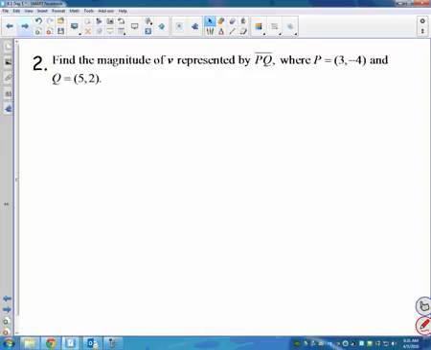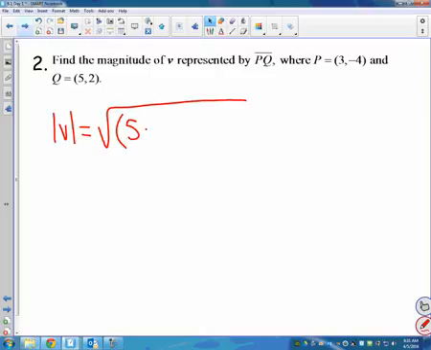So they're calling this V, so I'm going to say the absolute value, the magnitude of V. That's how we should do that. If I just use the points, distance formula is just the square root of subtracting the x's squared and subtracting the y's squared. It really doesn't matter which one you start with, but I'm going to start with Q, like it says here.